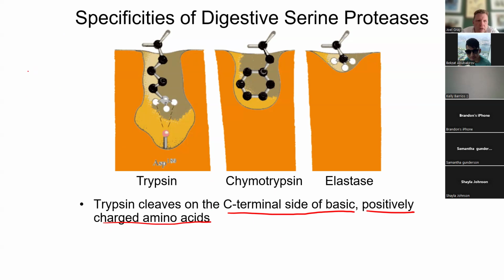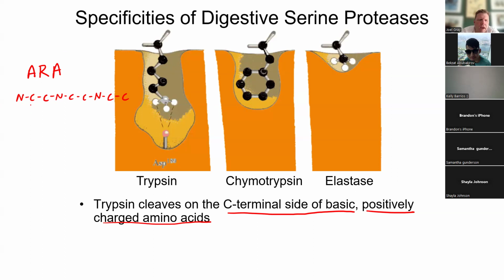So if we think about a peptide sequence like this, alanine, arginine, alanine, okay? So N-C-C, N-C-C, N-C-C.